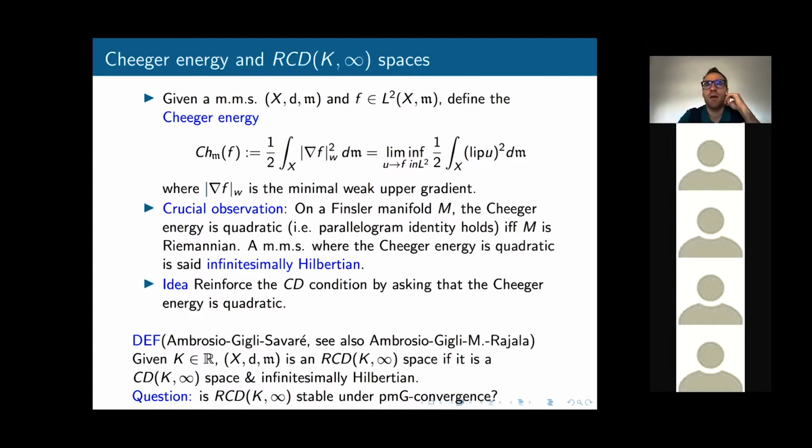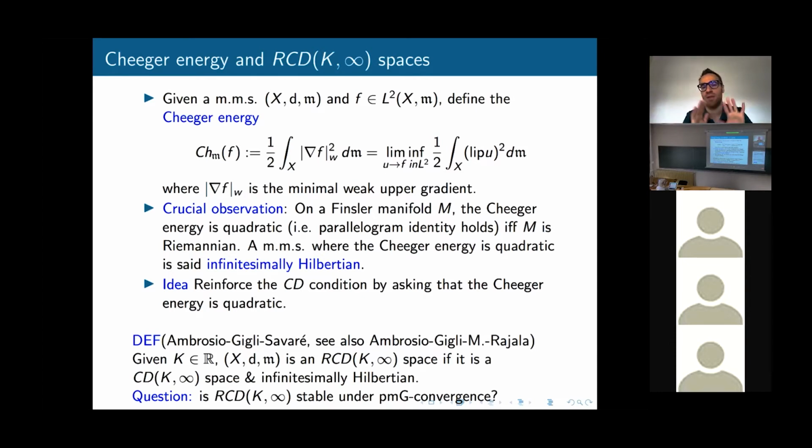Okay, and morally, we know from first year of university that convexity is preserved by zero-order convergence. Indeed, if you have a sequence of functions from [0,1] to R which are convex, and they converge pointwise to a limit function, then the limit function is going to be convex as well.